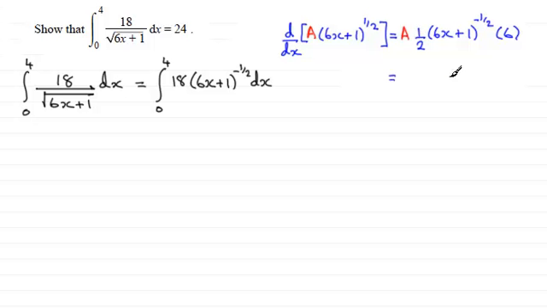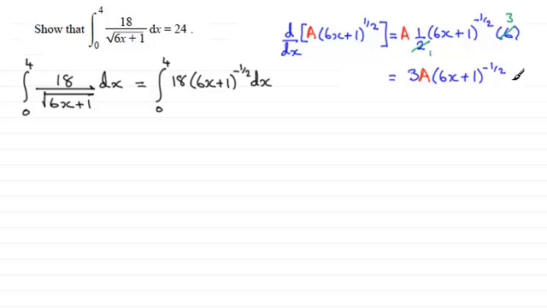Now we can tidy this up. I notice that the 2 will cancel into the 6 3 times. And so what we end up with is essentially the 3, here, multiplied by the a, multiplied by 6x plus 1 to the power minus a half.